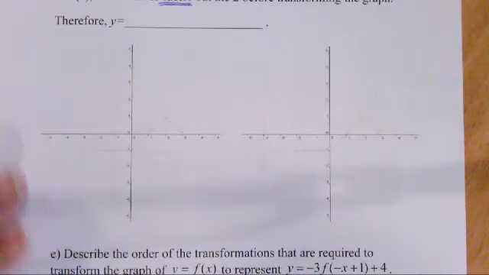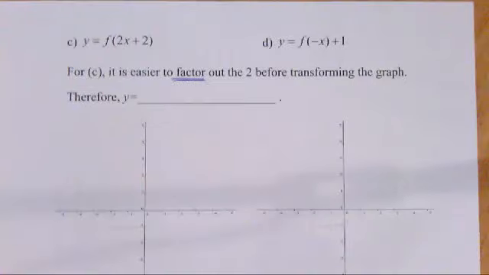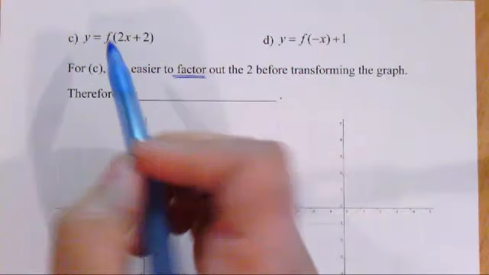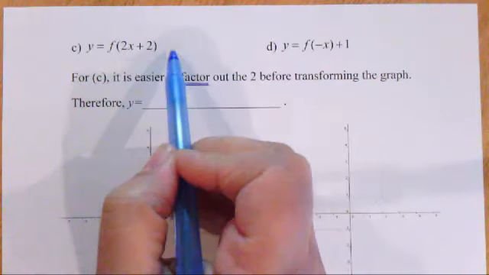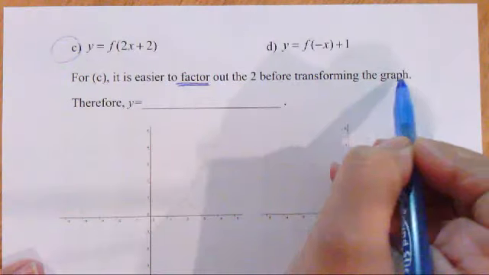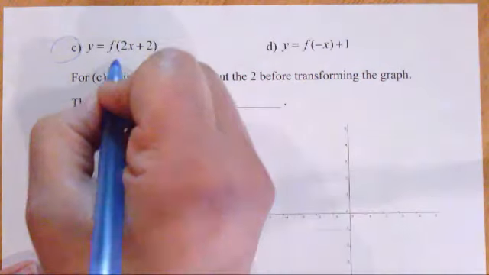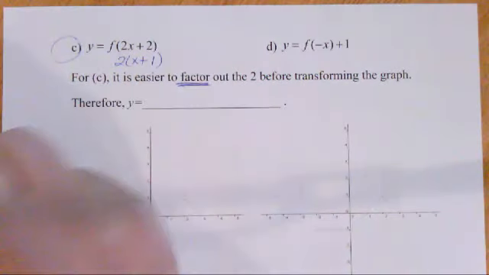So in these questions right here, oh, you can't see it yet. There you go. That's better. This is not in the form that we want it to be. What we have to do for question C is factor out the 2 before transforming the graph. So if you recall factoring, it would be something like that.